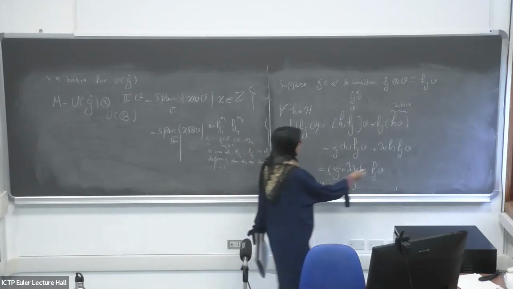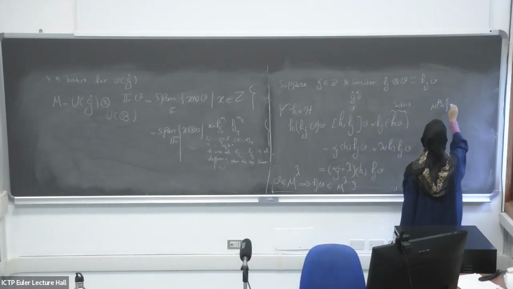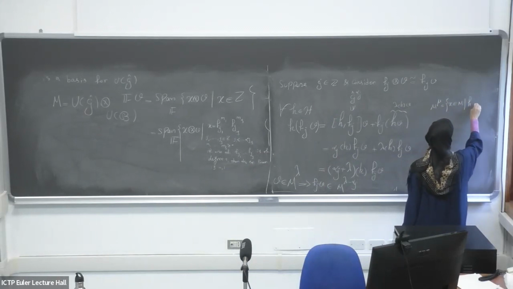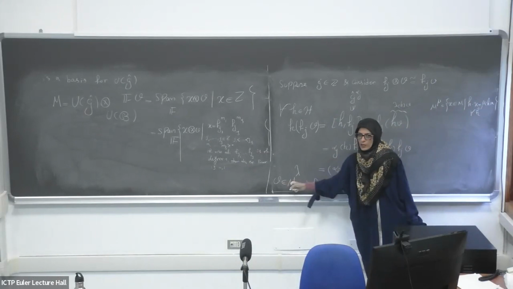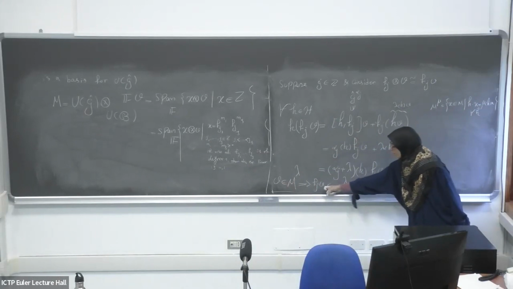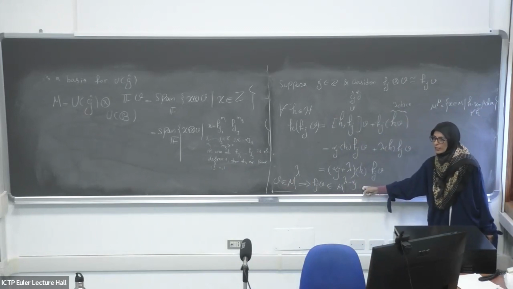You remember the definition of M mu. M mu was all elements of M such that Hx is mu of H x for all H. V is an element of M lambda, and Fjv is an element of M lambda minus alpha j.